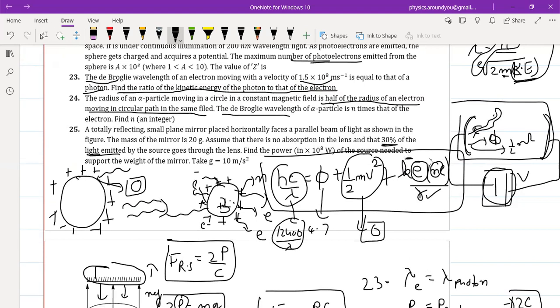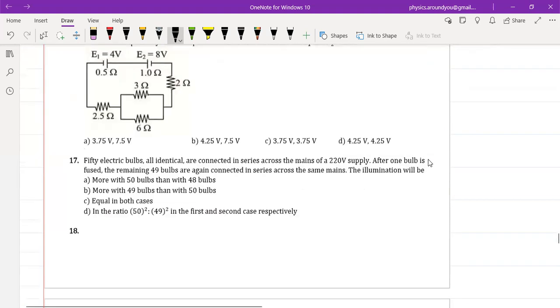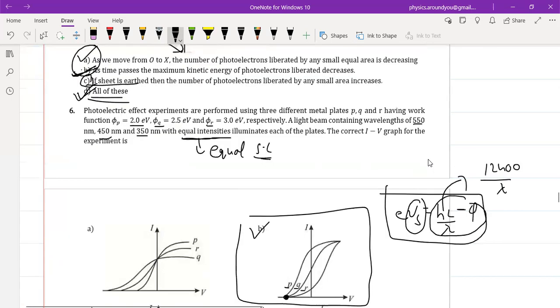This would be the solution for question number 22. A nice one, revise.